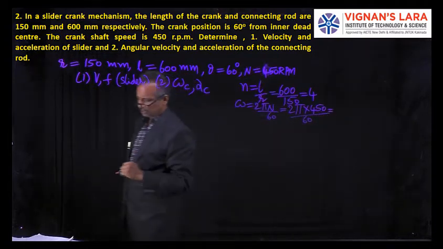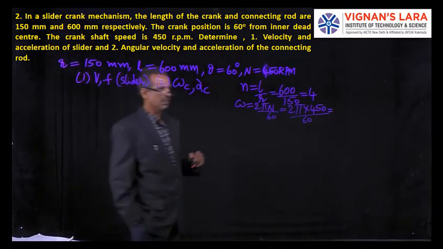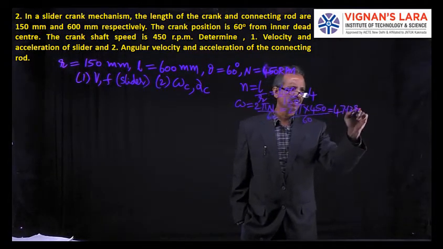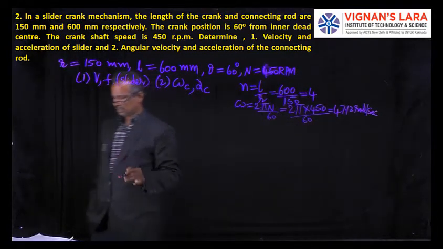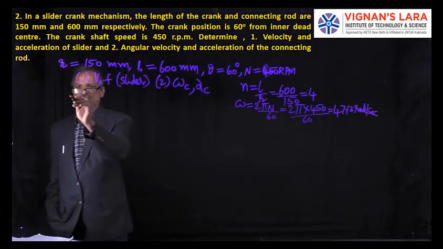So you get the value of omega, 2 pi n by 60, by substituting, 47.13 radians per second. Let us first do the velocity and acceleration of the slider.